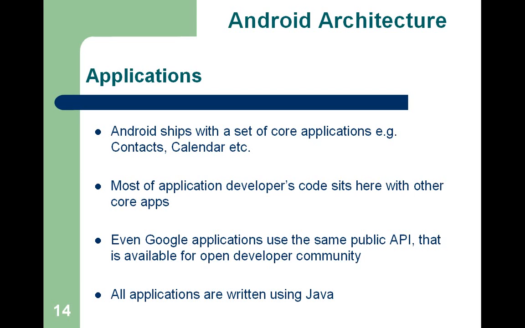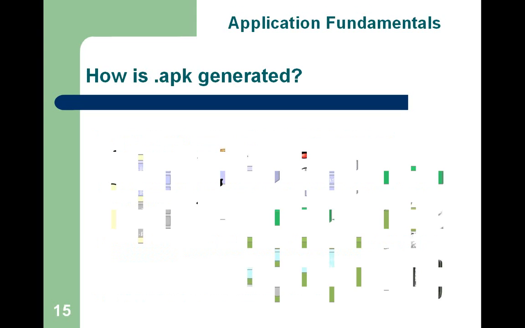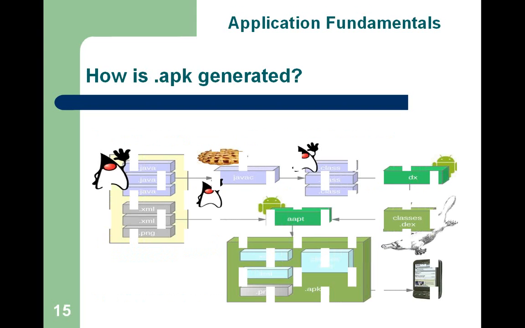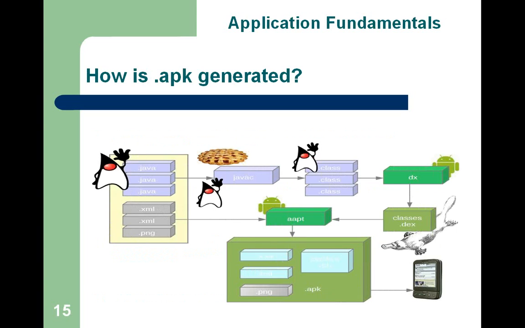And the key thing, even Google applications use the same public API that is available for the open developer community. And all applications in this layer are written using Java. So we have seen we can have Java source code, and we can have resources which can be in XML, PNG, etc.